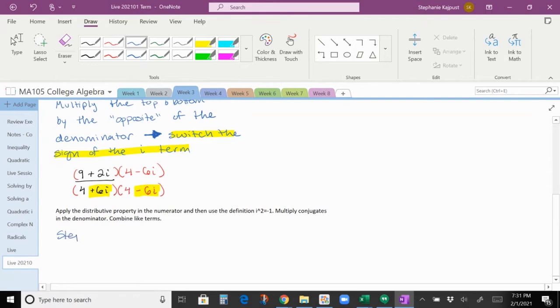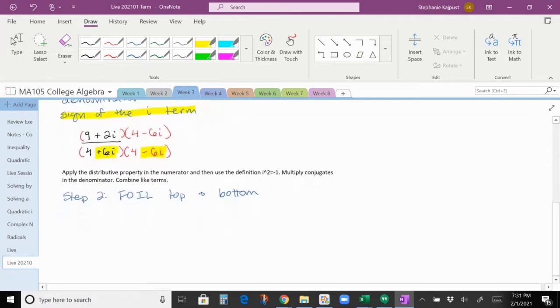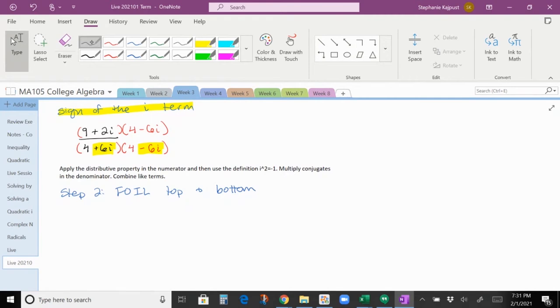So step 2, FOIL top and bottom. I'm going to just rewrite what we have here so that I can show the foiling step.